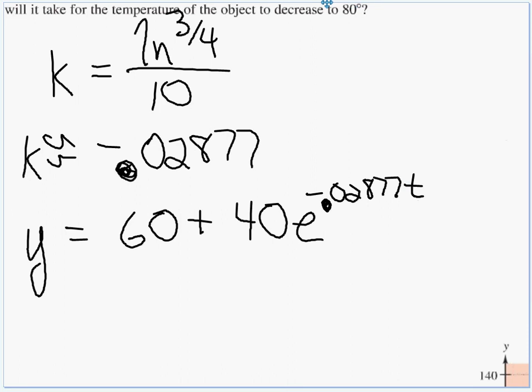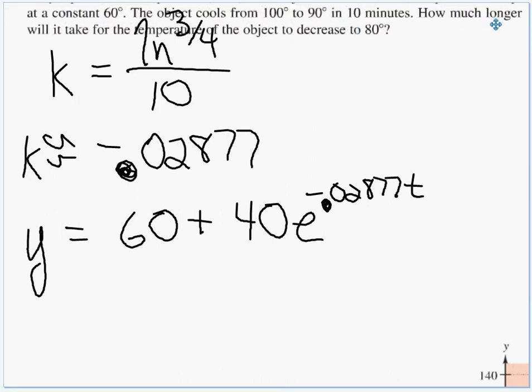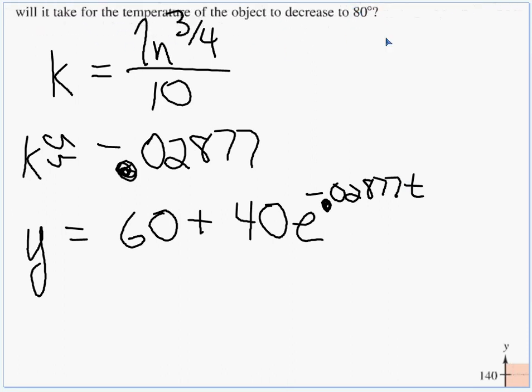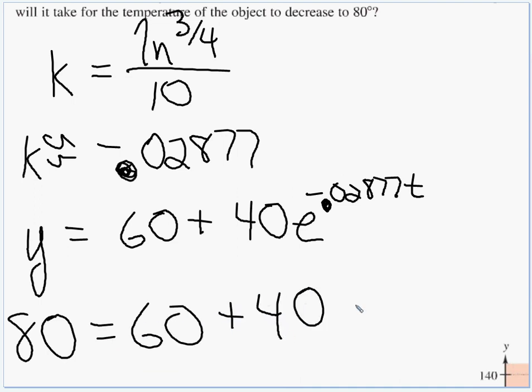So let's look at our problem again. How much longer will it take to decrease to 80 degrees? So remember, y is our temperature. We want to know, as it hits 80 degrees, what was the time involved? So we're going to change that y to an 80 and then solve this for t.